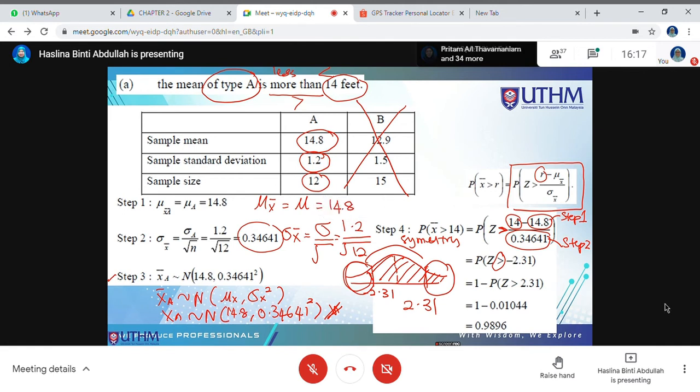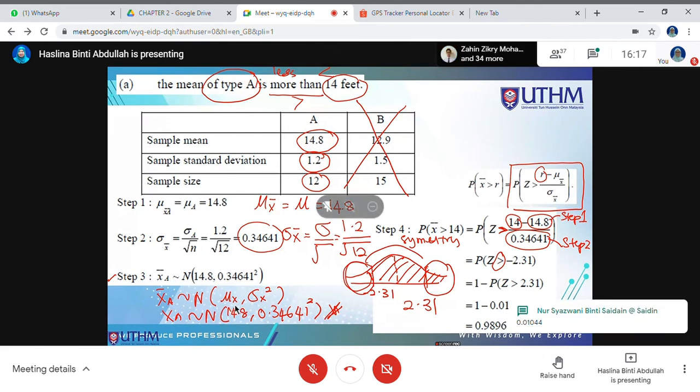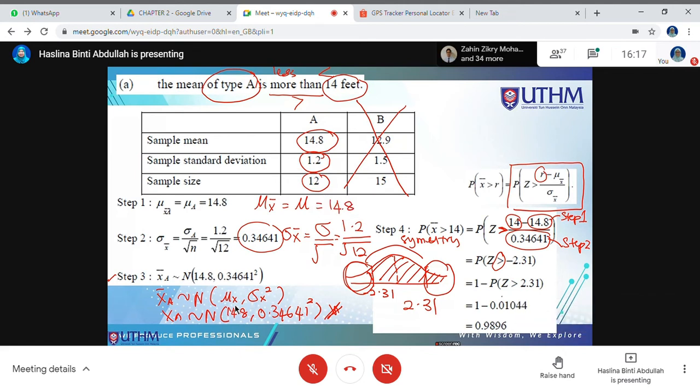What is the probability? 0.01044. Okay. So, the value of 0.01044 is referred to this area, while we need to find the probability for this area yang saya lorek ni.